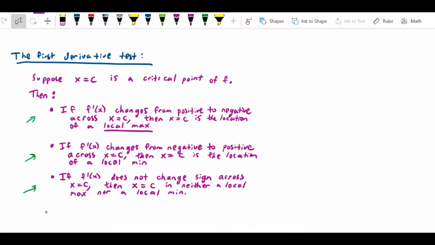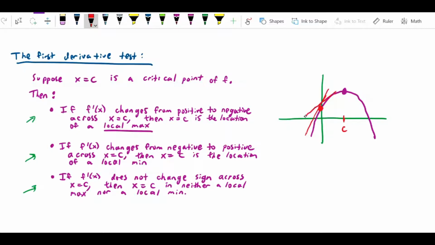I just want to draw for you why this makes sense. So let's suppose that I have a function that looks like this. Let's call that c. What you can see is that over here, since the derivative is giving us the slope of the tangent line, if I draw in some tangent lines to the left of c, then the slope is positive.